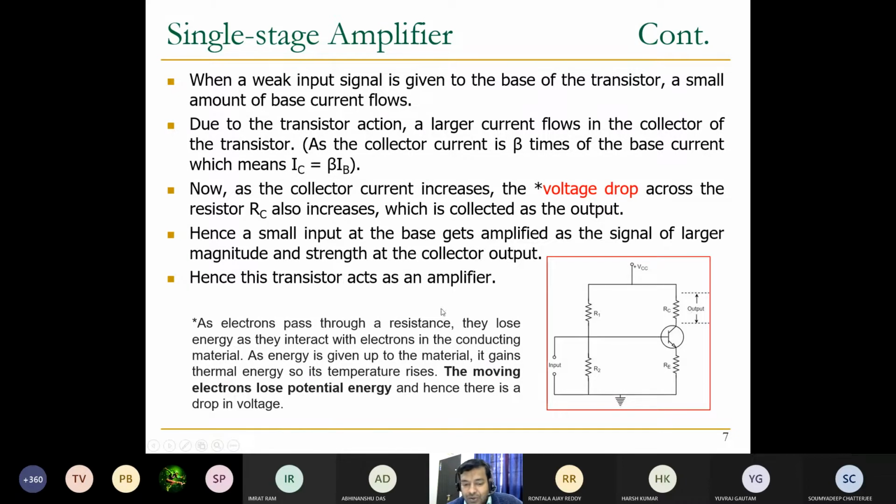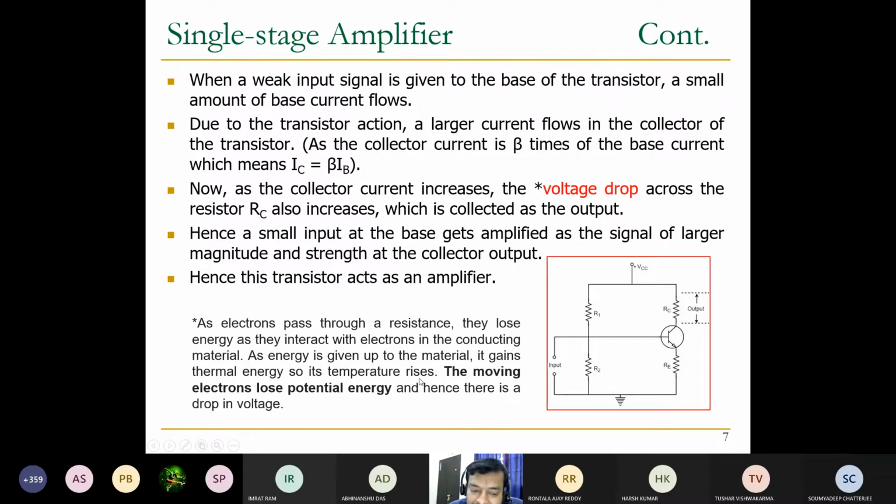As energy is given up to the material, it gains thermal energy, so its temperature rises. And as a consequence, what will happen? Temperature will increase. Then the moving electrons lose potential energy.